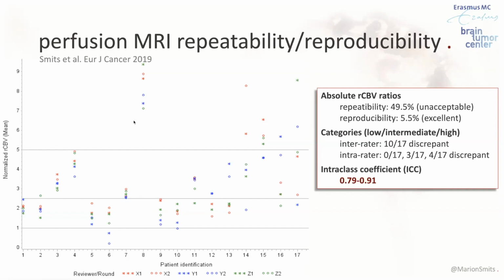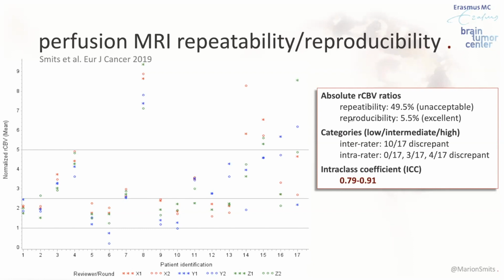And you can see that there are a lot of patients where there's actually very good concordance. But here we can see that these patients are basically all over the place, not only between raters, but also within the same rater. And that means that our interclass coefficient is actually quite high, because the variability between raters is in fact lower than that within the rater.